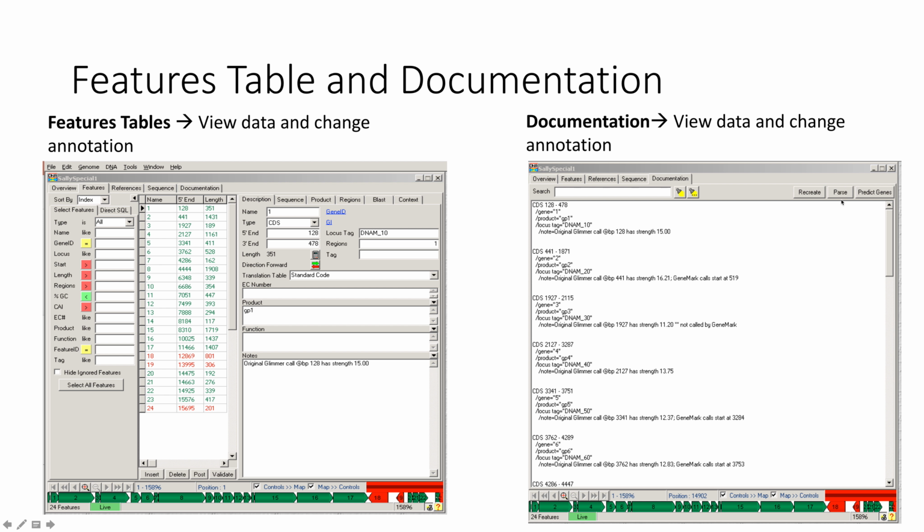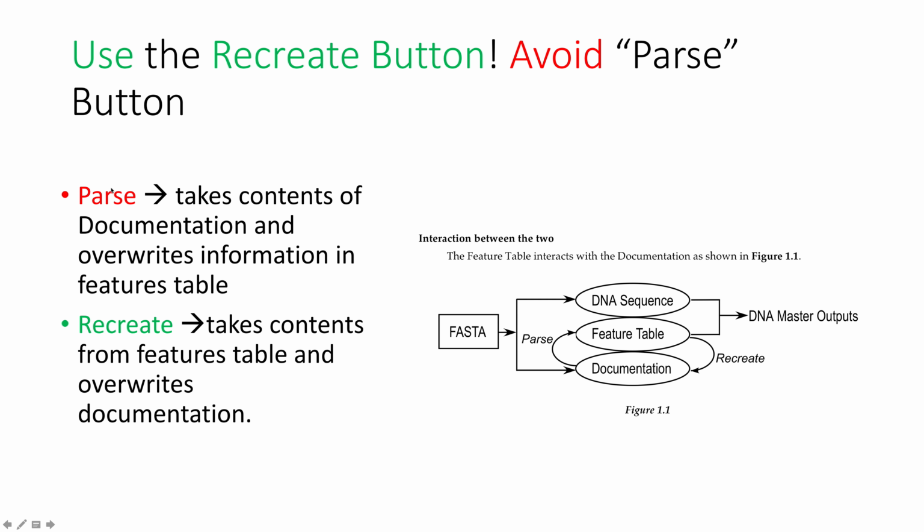Now there's also this button called Parse, and you want to avoid pushing Parse unless I say otherwise. I can't think of any situations yet where you would want to do that because I haven't pushed it yet. The reason we want to avoid Parse is because it takes the contents from the documentation and would overwrite what's written in the features table. So by parsing, we're erasing everything in the features table and rewriting with whatever's in the documentation.